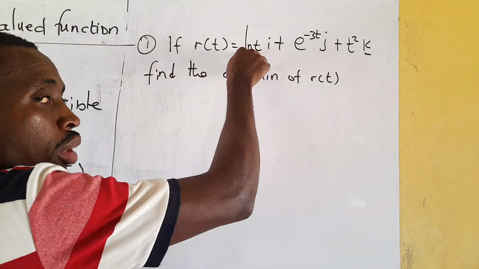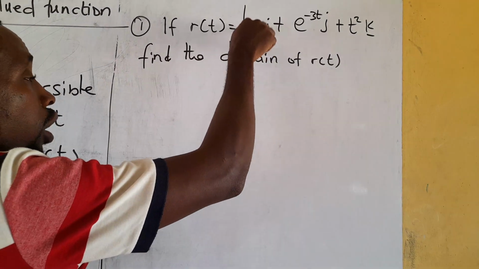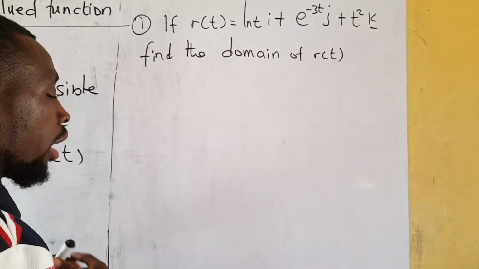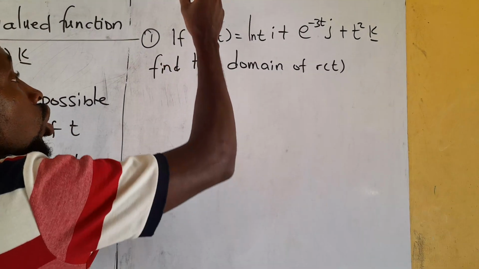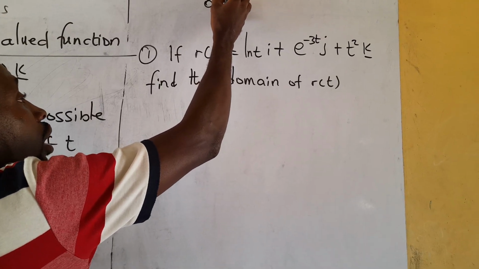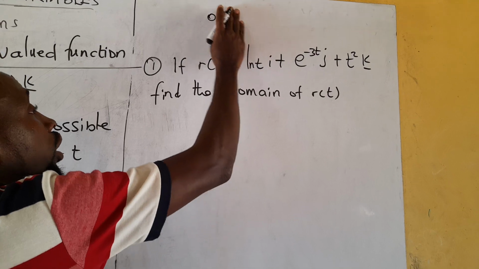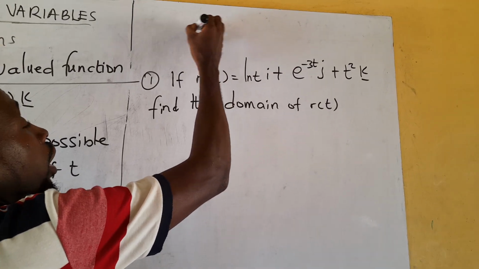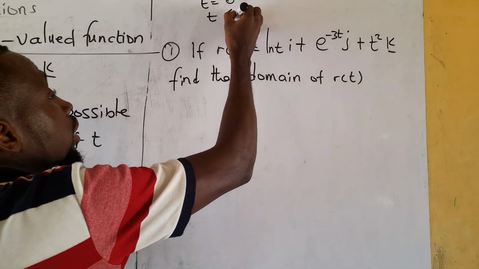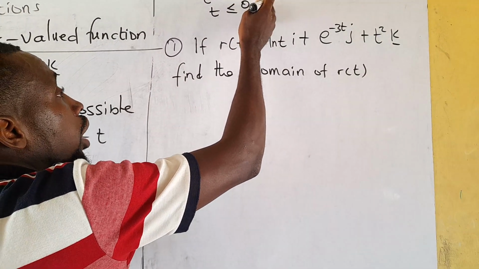This is a logarithmic function. Is there any value of t that will make a logarithmic function undefined? Yes, there is. And what are those values? Those values are 0 and any number less than 0. So when t is equal to 0, or when t is less than 0, the logarithmic function will be undefined.